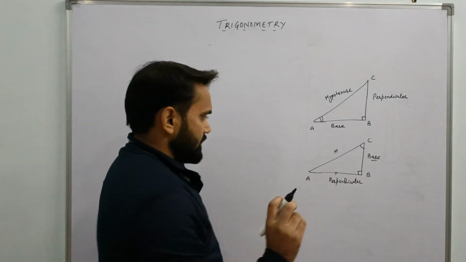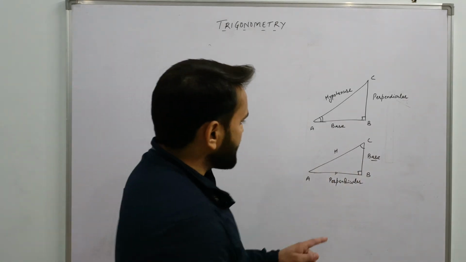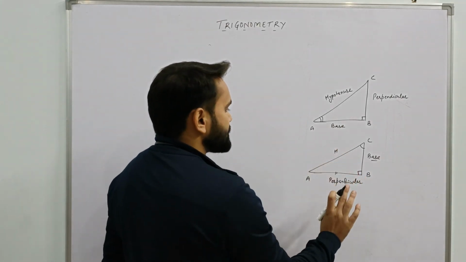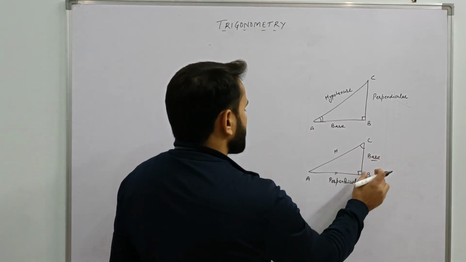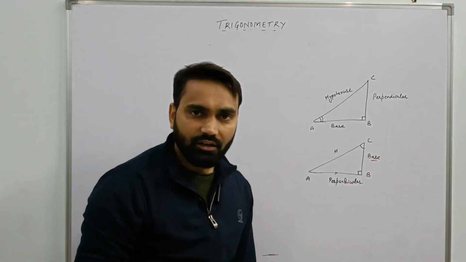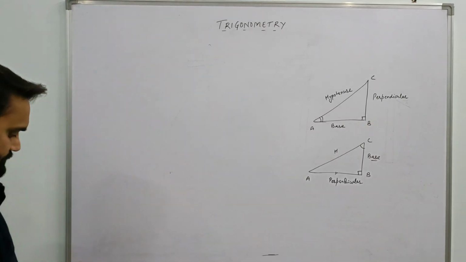Mind it, in any right triangle, the side opposite to the right angle will be the hypotenuse. So it will not change in any situation, and base and perpendicular will be defined with respect to the acute angles A and C. Okay.